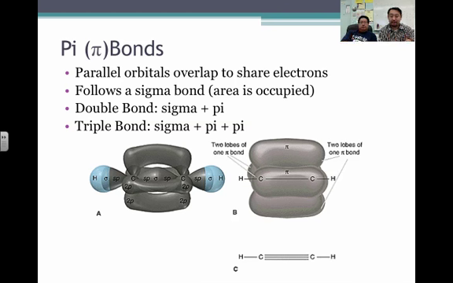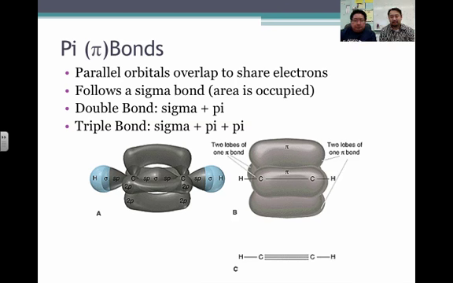And then everything after that, if you still have bonds going on between those same 2 elements, you'll have pi bonds. There will always be one sigma. After that, the additional bonds would be pi. So a double would be formed of a sigma and a pi, and a triple bond will be a sigma followed with 2 pi bonds. You could say that there will always be sigma, and then if there's room left over, you have pi.